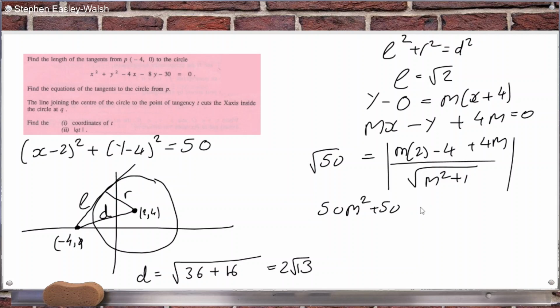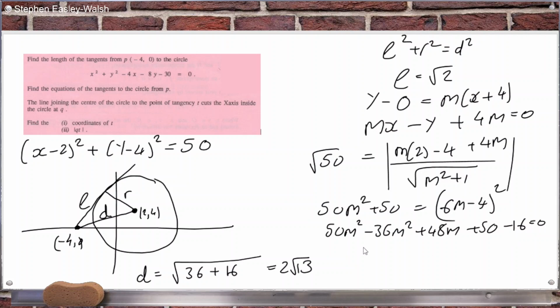And that on the top is 4m plus 2m is 6m, minus 4, squared. So you get 50m squared minus 36m squared, minus or plus 48m, plus 50 plus 16 minus 16 equals 0. So that's 14m squared plus 48m plus 34 equals 0.